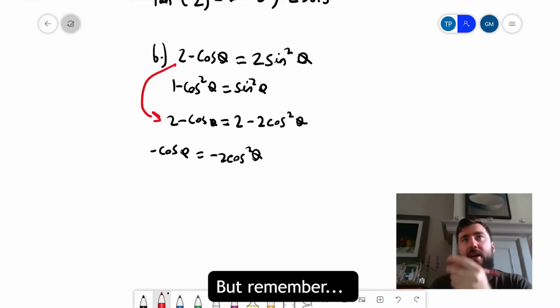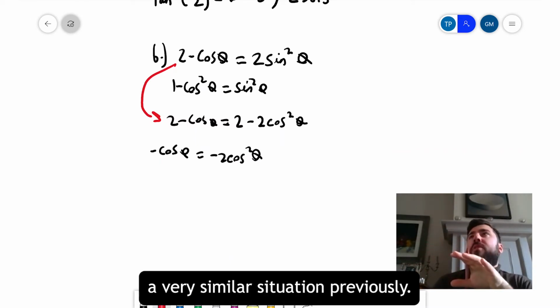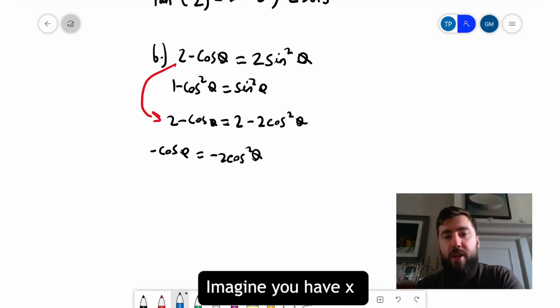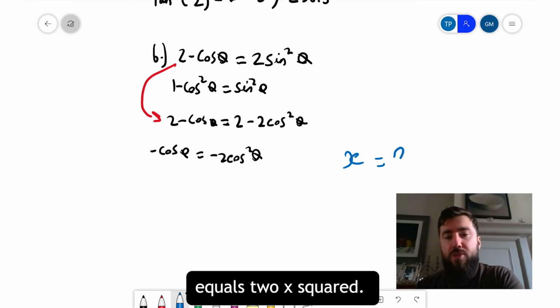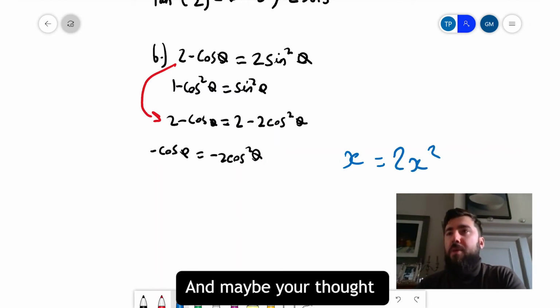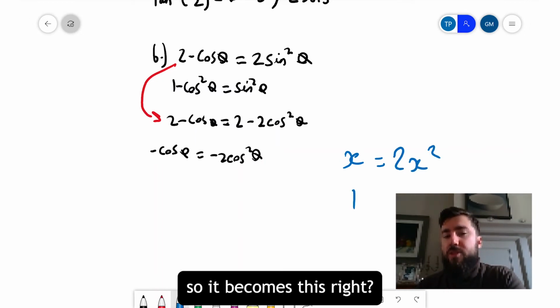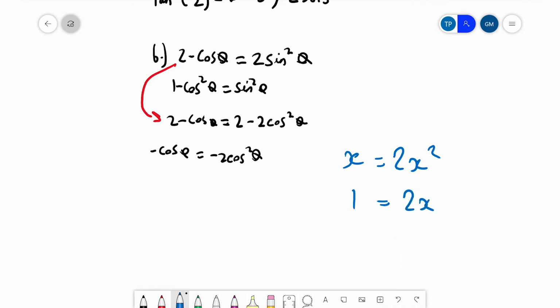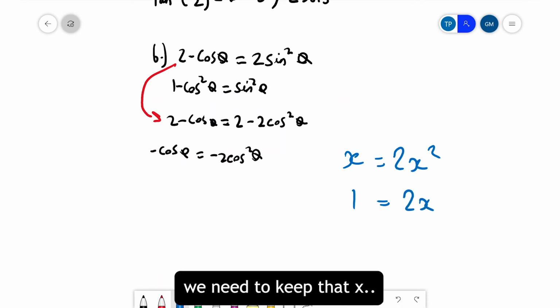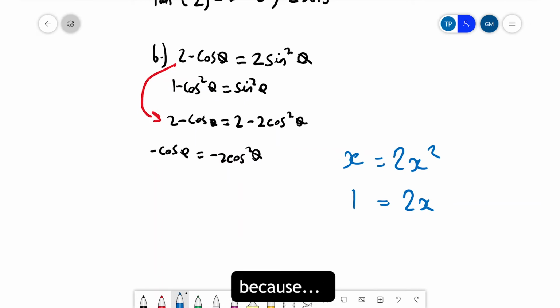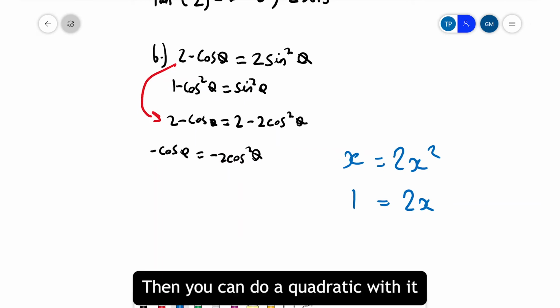But remember, we came across a very similar situation previously. Imagine you have x equals 2x squared. Maybe your thought was initially to divide by x. But we need to keep that extra x, because then you can do a quadratic with it.